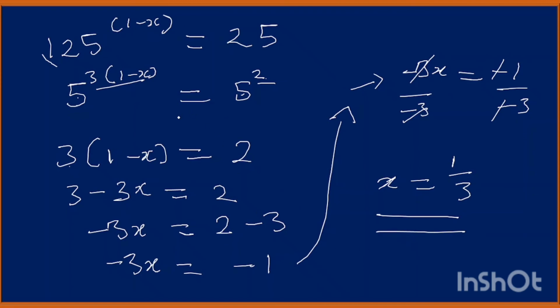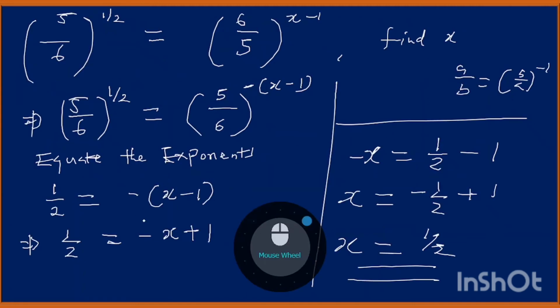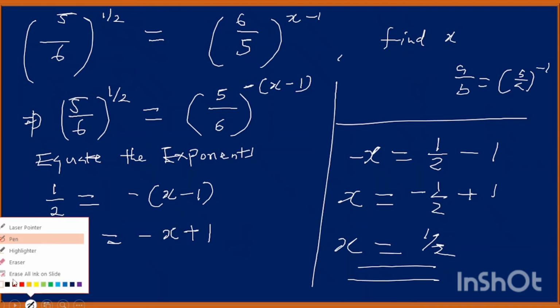So let's look at the next question. What is the next question we have there? Yes, we have 7 into 8 to the power of x plus 1 is equal to 448.